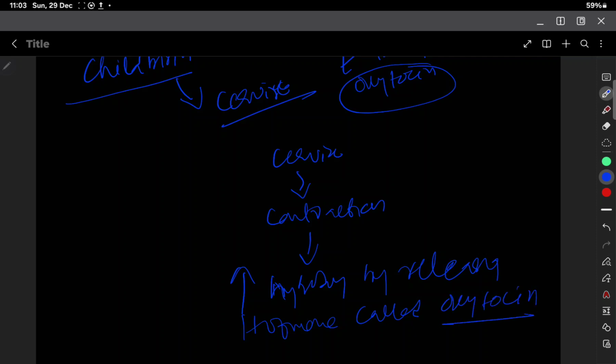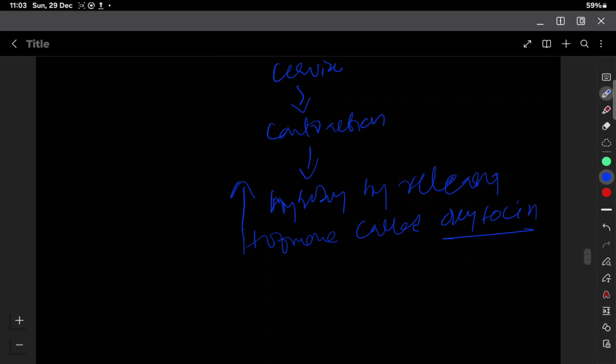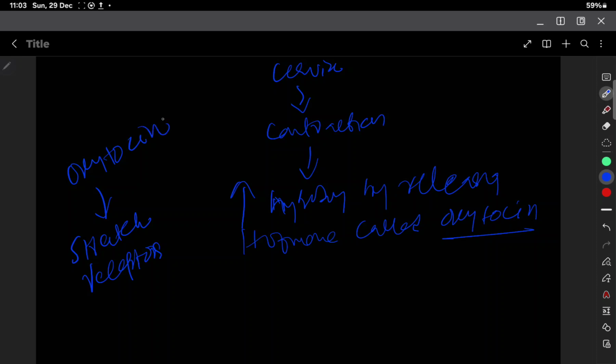Oxytocin forces the baby's head into the uterine cervix, which stimulates the stretch receptors. The oxytocin, the hormone produced by the body, acts on the stretch receptors, and more oxytocin is released, and further there will be more contractions, and the labor will increase.